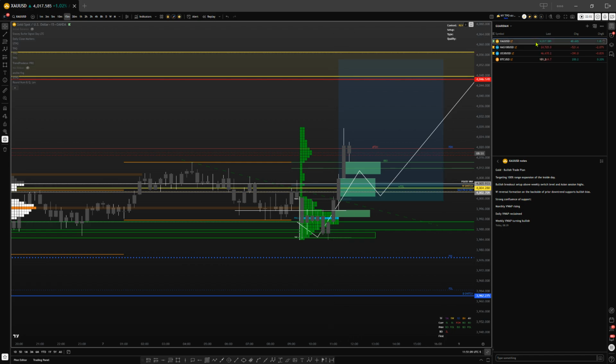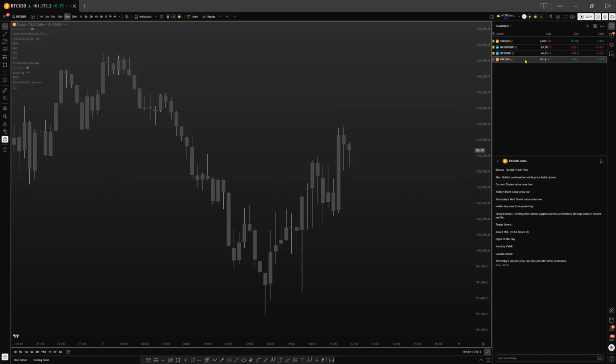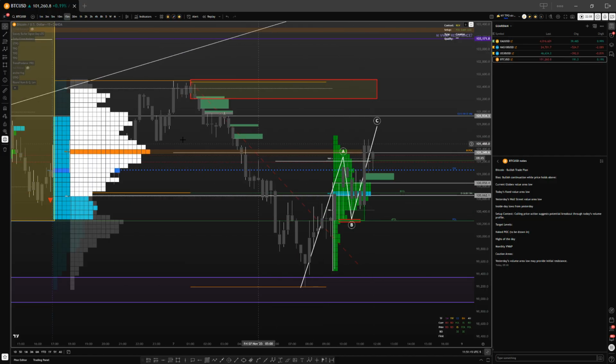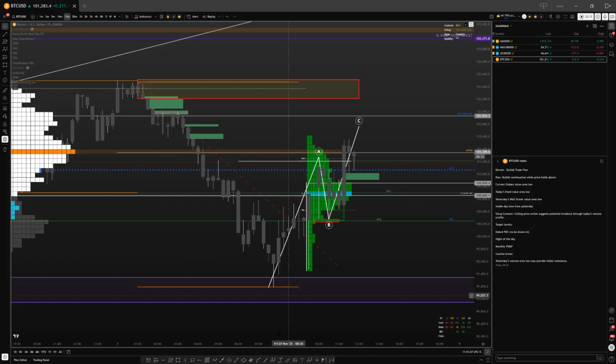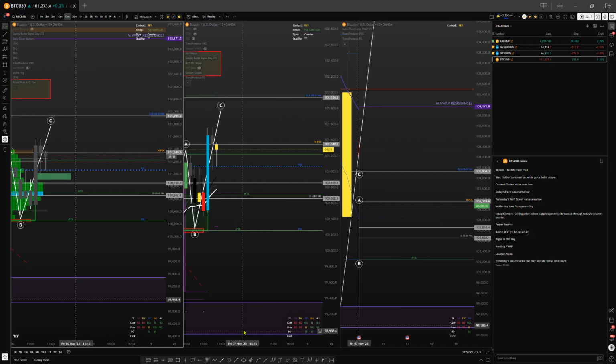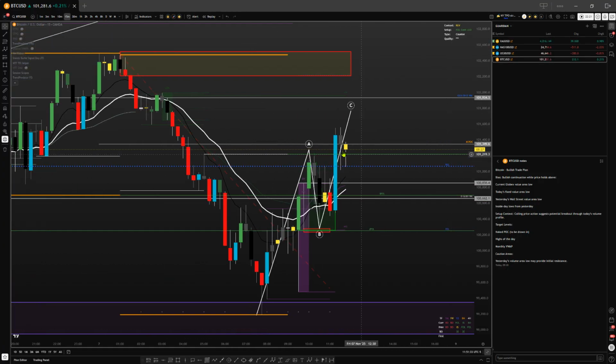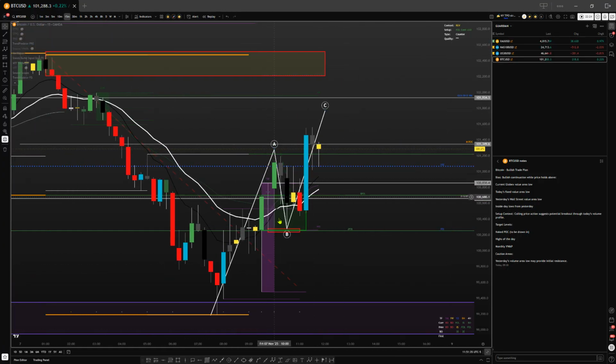Right, slow on the Bitcoin. Very slow progress all day long. So we got the point of control as you see as a level, acting there as resistance. When we look at the candlestick formations, I like the W formation, this here, and the neckline as the closing price. Bit of a confluence going on there.